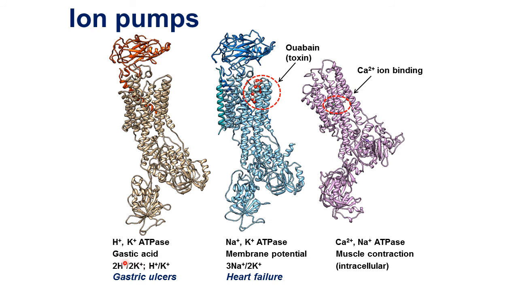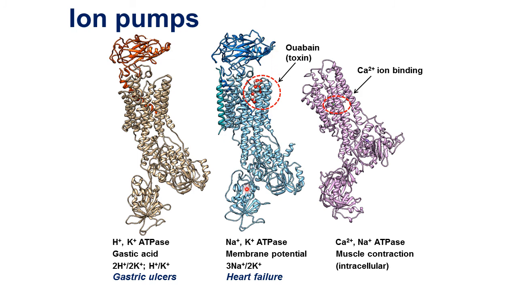Important is that it is an electroneutral process. And of course the gastric proton pump is an important drug target. It's inhibited by proton pump inhibitors, which are used for the treatment of gastric ulcers, and we'll talk about that later on.